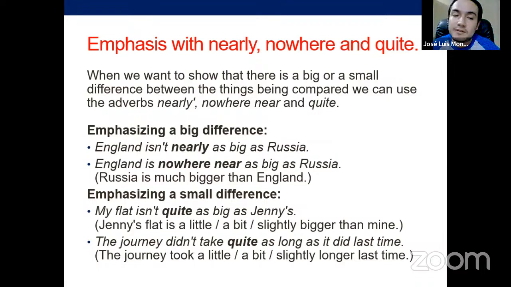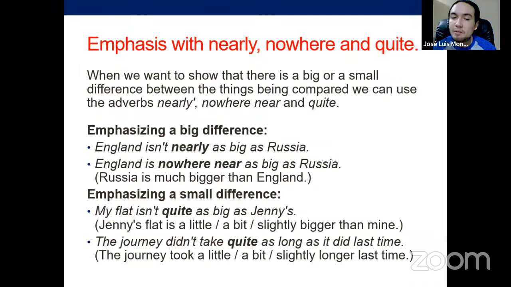Or it's the same if you say England is nowhere near as big as Russia. Both show a big difference. Both are negative. And again, in other words, Russia is much bigger than England. So, isn't nearly as big as or nowhere near as big as.